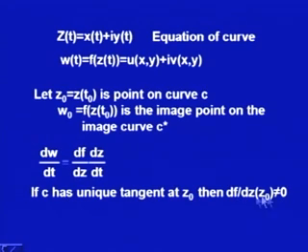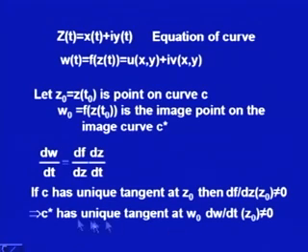So, this has to be non-zero. If df by dz is non-zero, dz by dt is not 0 because it is a curve and t is varying, so dw by dt is not 0. That means, if the tangent is well defined at C, the tangent of its image will also be well defined.